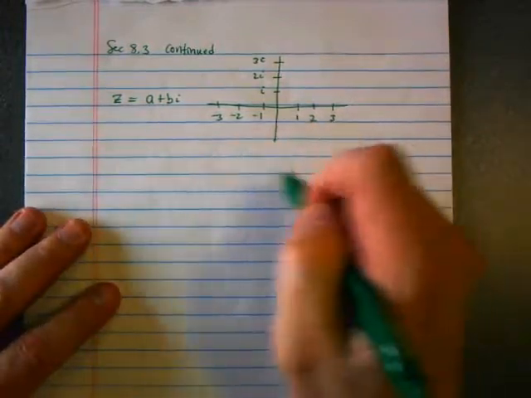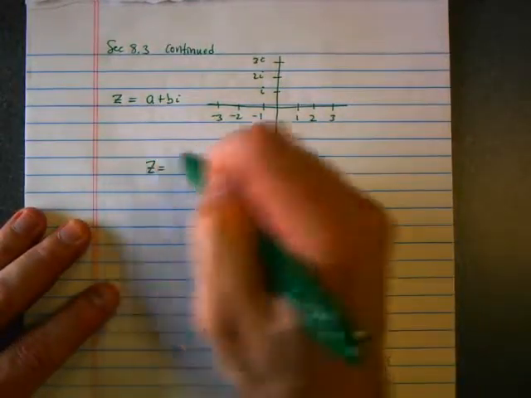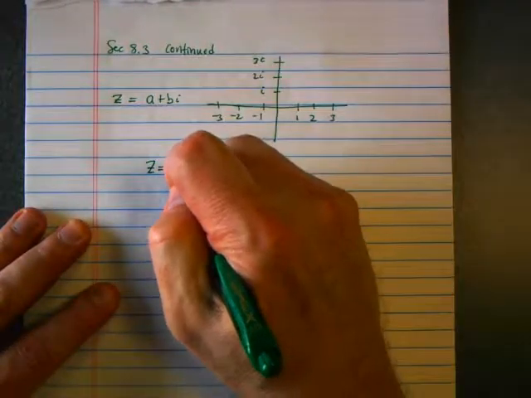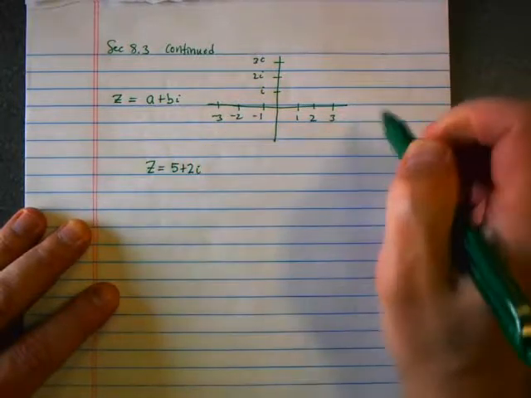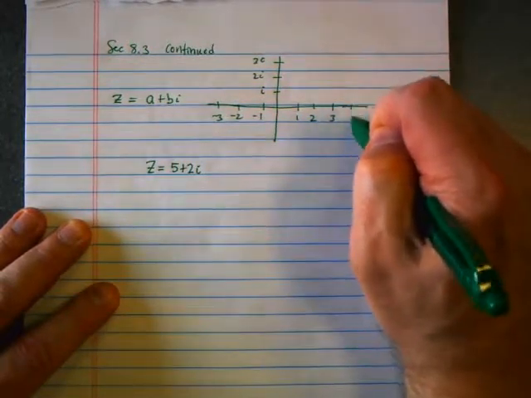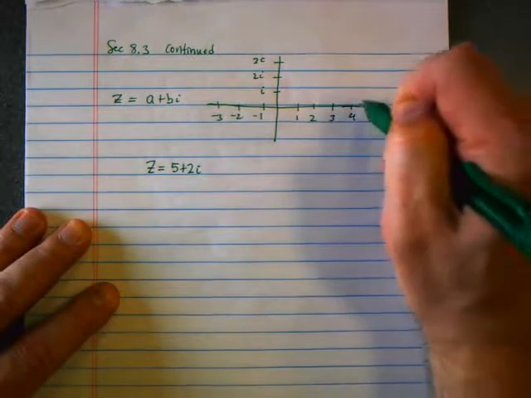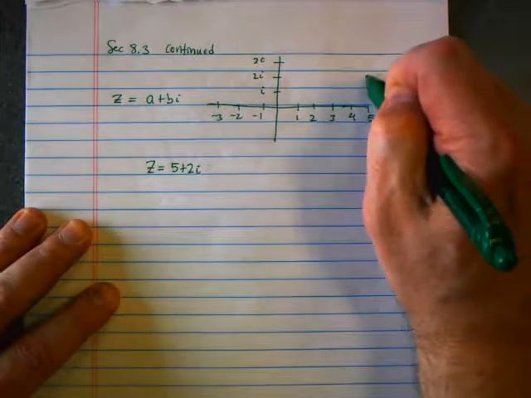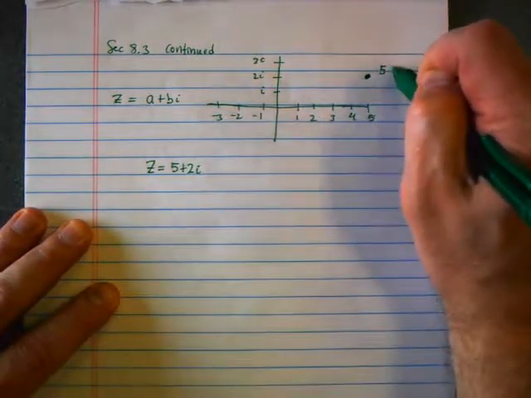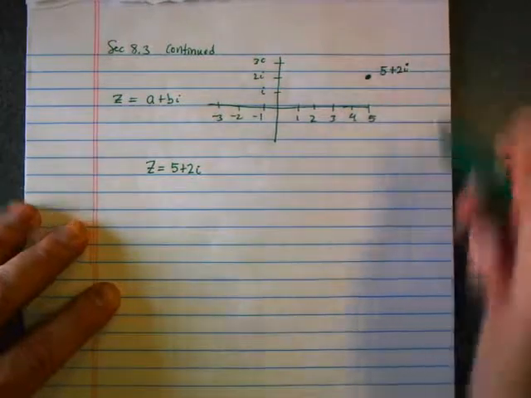So if I had, like, z equals 5 plus 2i, I would graph it right here. Here's the point, 5 plus 2i.